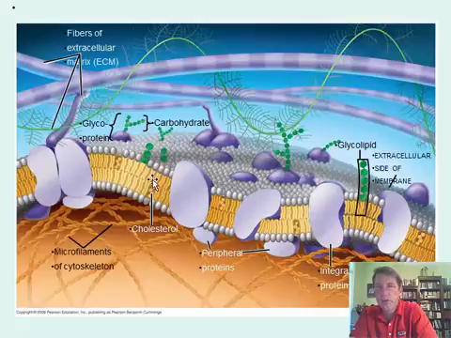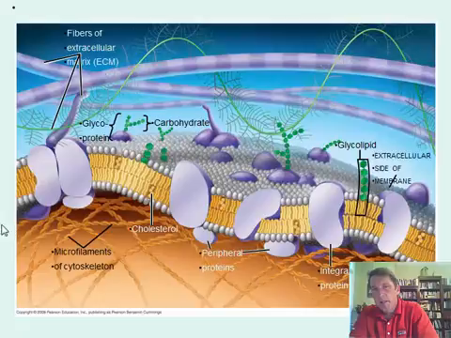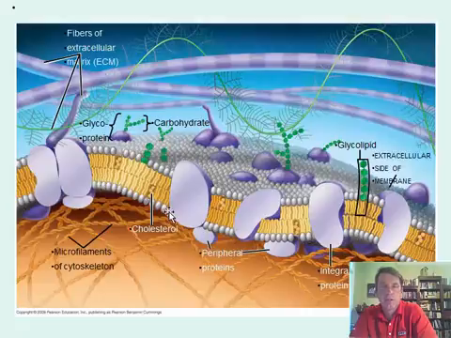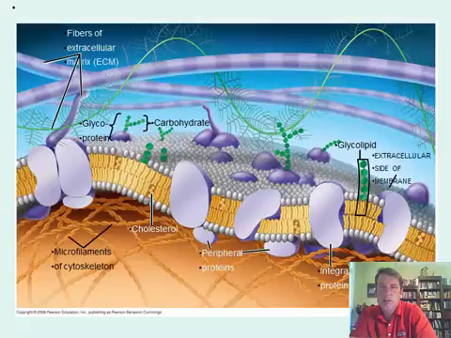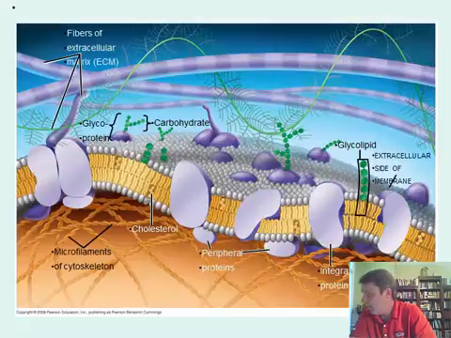But anyway, this is the membrane, and when you look at it with all of the structures attached to it, it's motile. It can move about. It's not static. So in looking at the membrane in this fashion, we can refer to it as the fluid mosaic model.